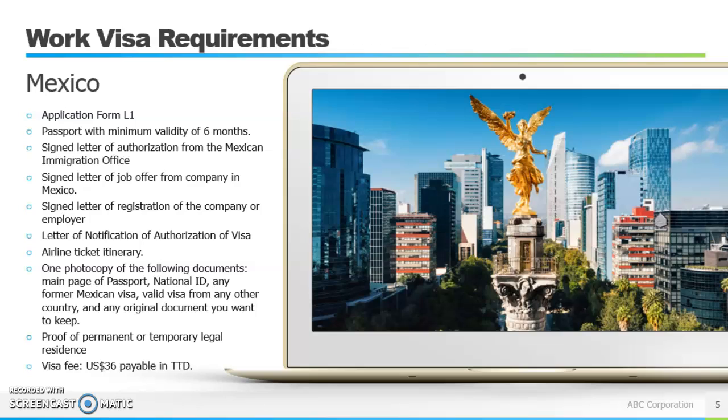The work visa requirements for Mexico include filling out application form L1, obtain a passport with a minimum validity of 6 months, a signed letter of authorization from the Mexican Immigration Office, a signed letter of a job offer, a signed letter of registration from the company, a letter of notification of authorization of visa, an airline ticket itinerary, one photocopy of the following documents, including a main page of the passport, a national ID, any former Mexican visa, a valid visa from any other country, and any original document that the applicant may want to keep.